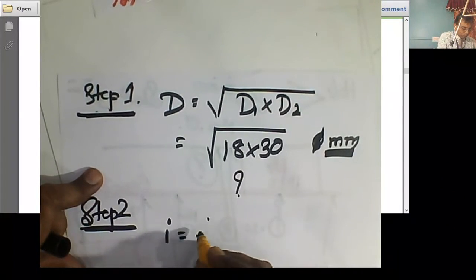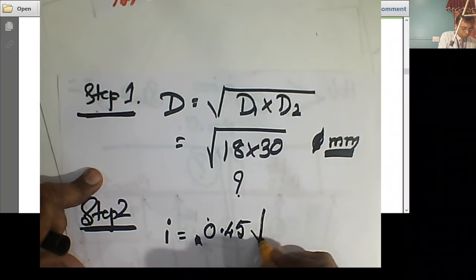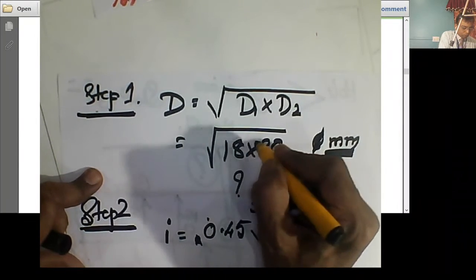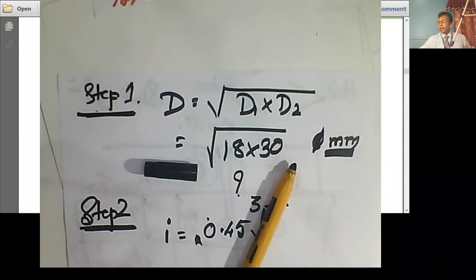Okay, i is equal to 0.45 cube root of D, let us say the value is 18 into 30 square root. Just give me time. How much is this? Can anybody tell me?